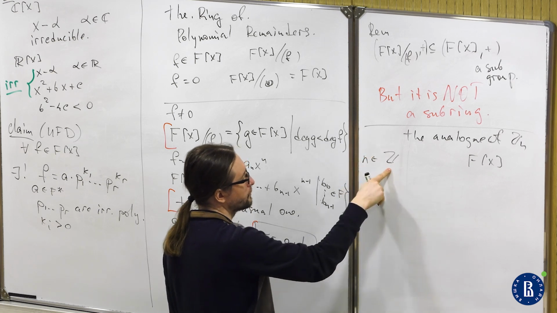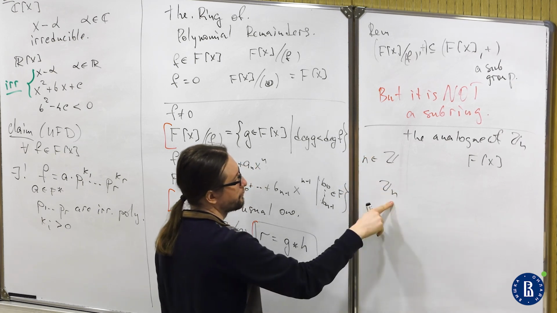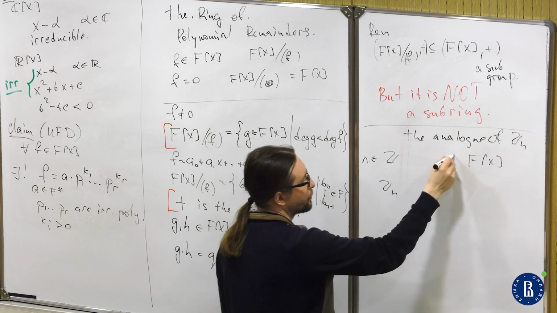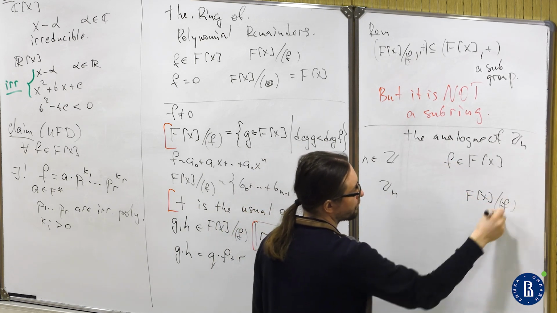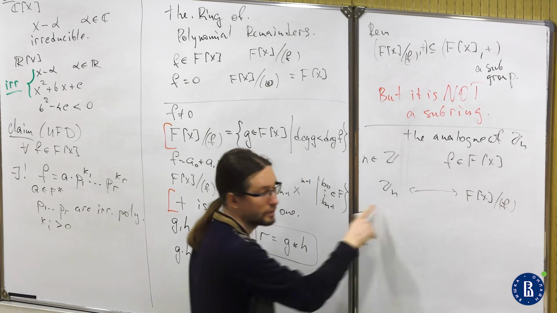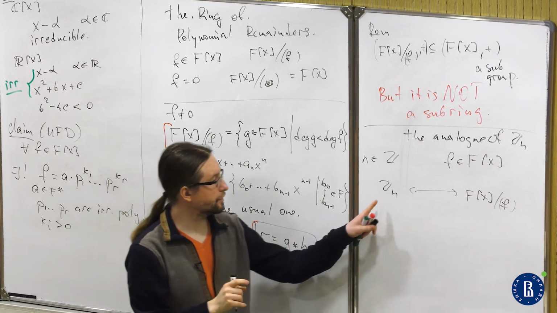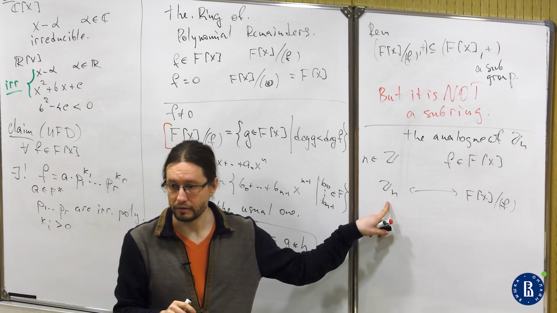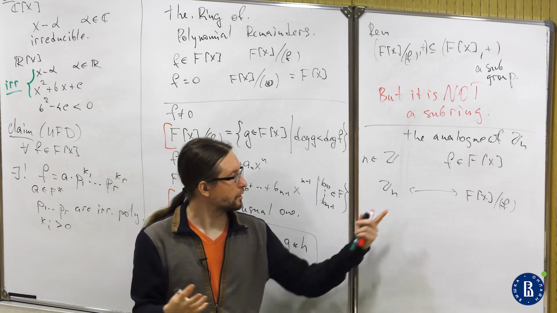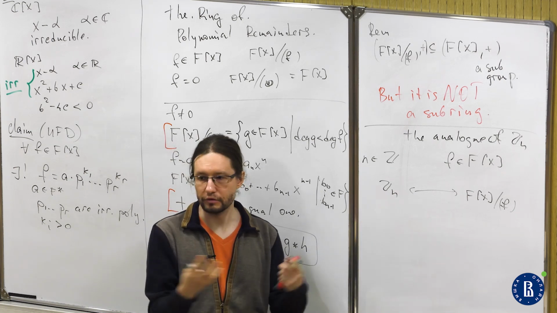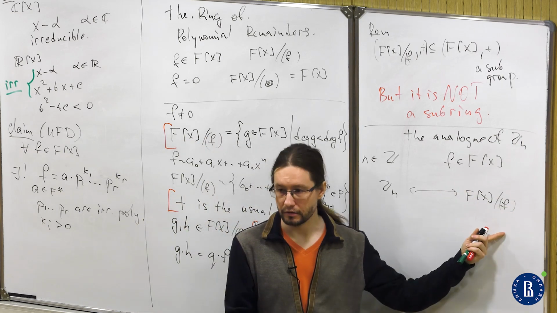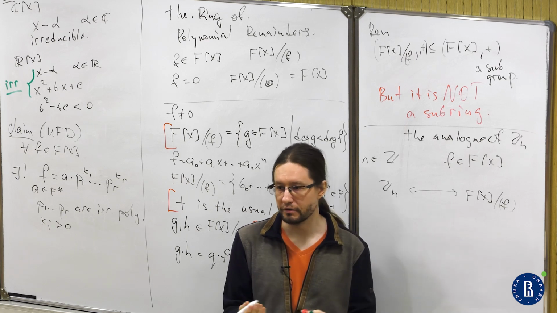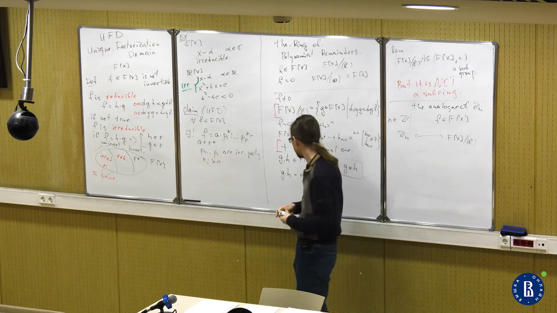If we have an integer n, we have the ring of remainders here, and if we have a polynomial here, we have this ring of polynomial remainders here. So this is the analogy of this guy, okay? And here we have the Chinese remainder theorem, which says how to split this ring into a product of two rings. So the same thing happens here. So let me formulate the Chinese remainder theorem in this particular case.